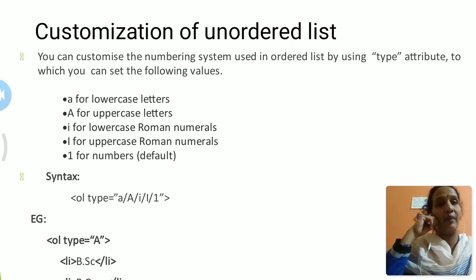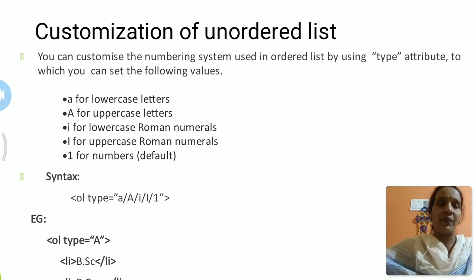I want to give ABCD, small abc, capital ABC, small Roman numerals, or capital Roman numerals. In that case, you are changing the default bullet, which is a number. When you are changing the default bullet, if you want to give a new bullet, you can do so by using the type attribute.